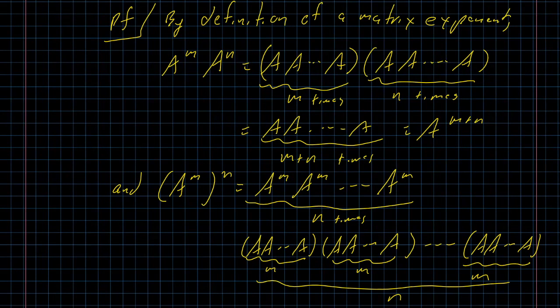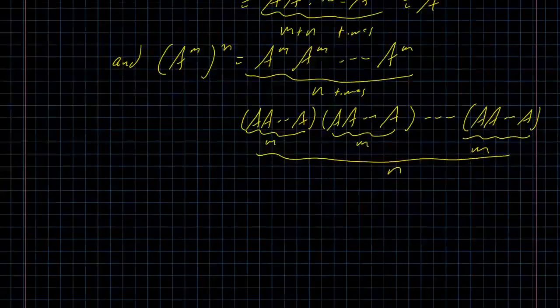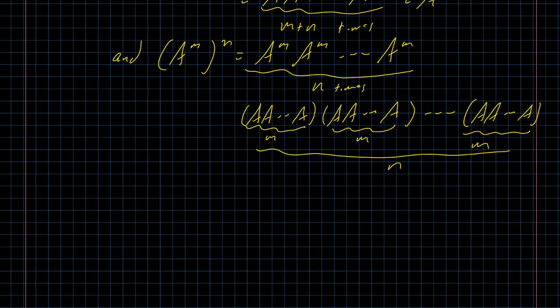So we have m plus m plus m, n of them added together. And that's exactly what multiplication is for, right? M things added to itself n times is, by definition, m times n.